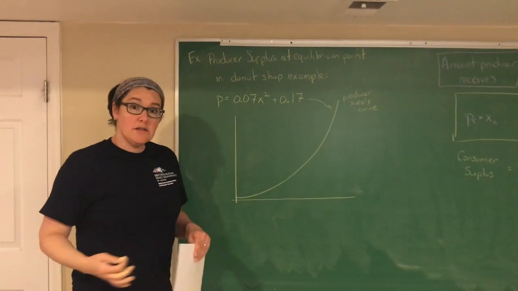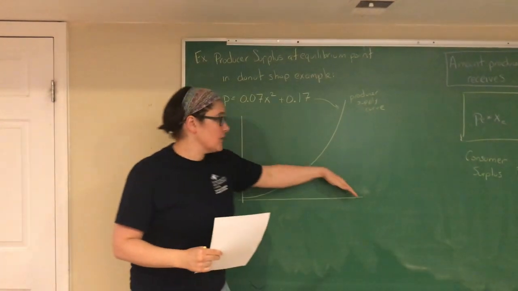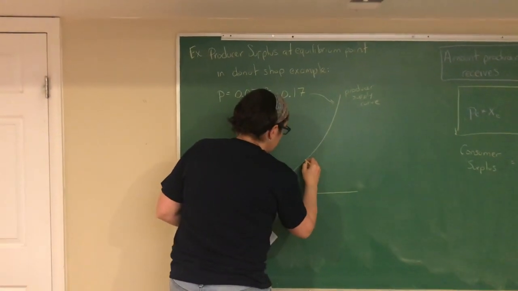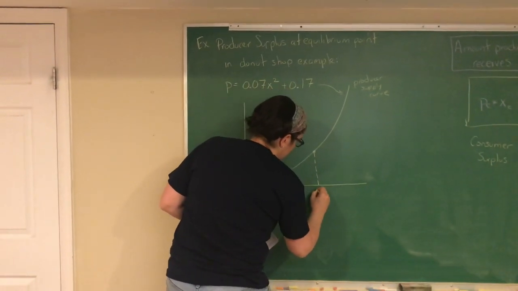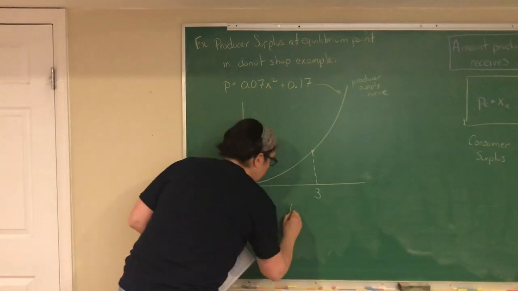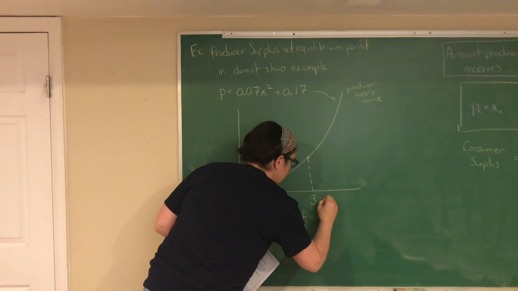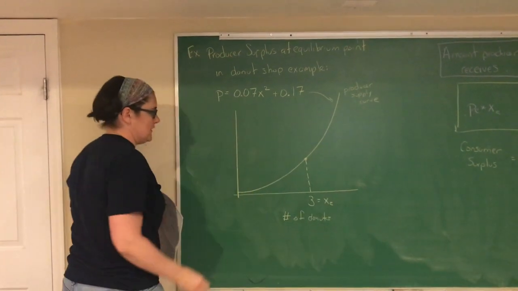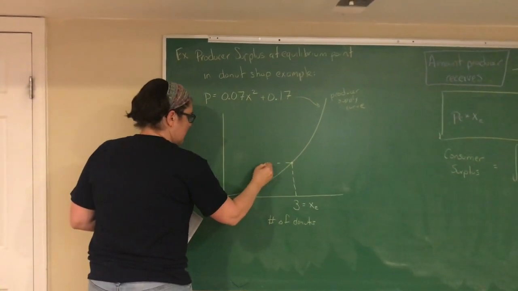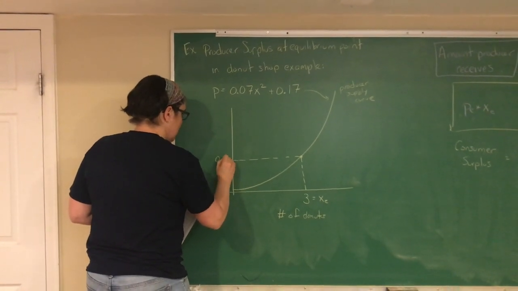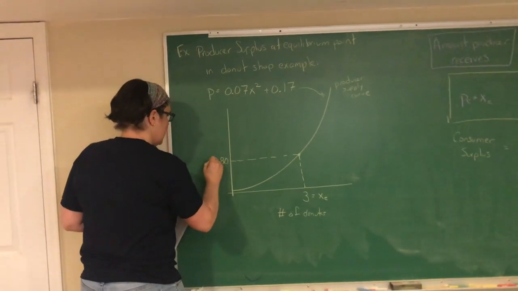And we calculated, along with the demand curve, where our equilibrium point was, and that equilibrium point occurred at a value of 3 donuts. And so 3 is our equilibrium quantity, and that corresponded to an equilibrium price of 80 cents.